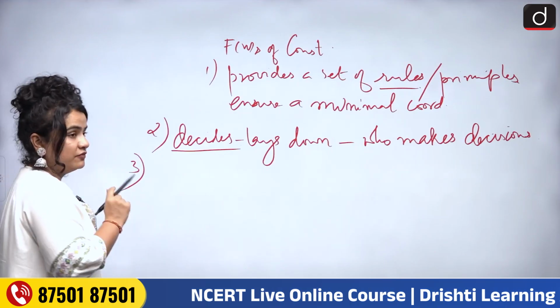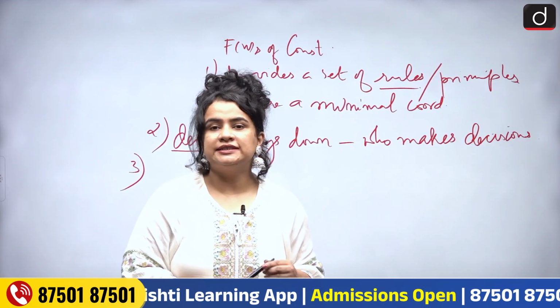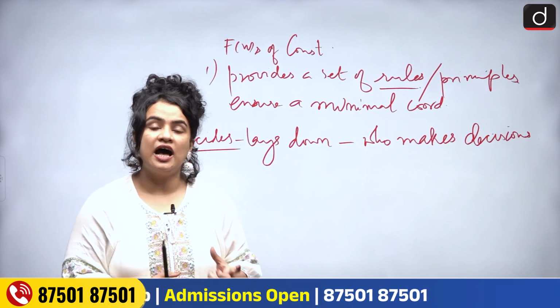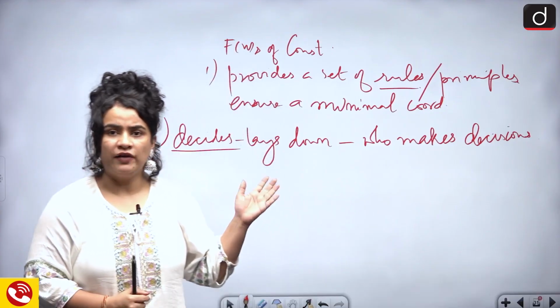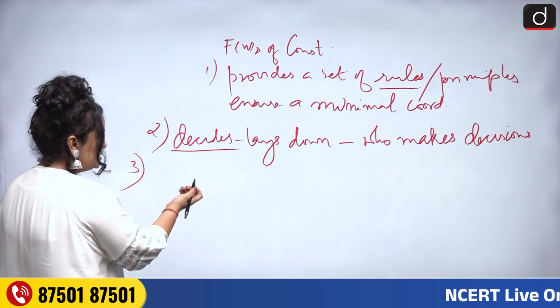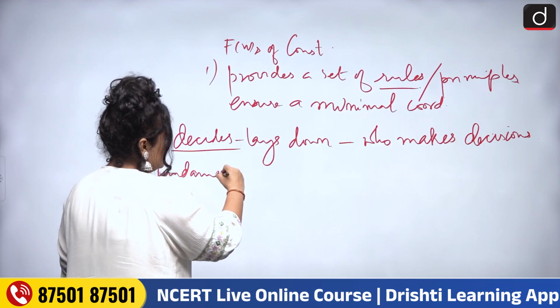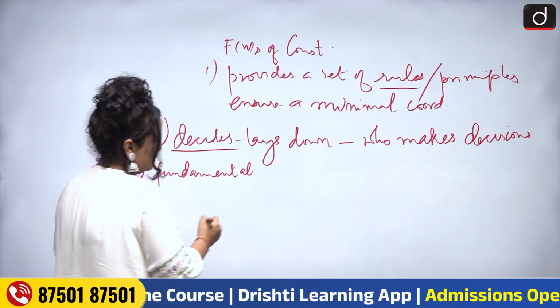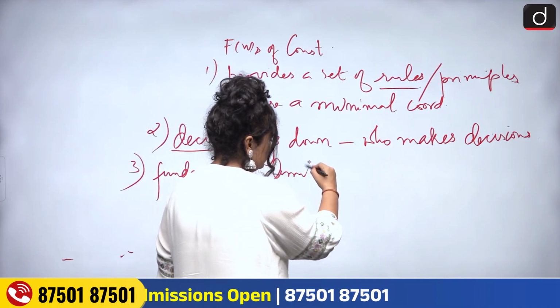Another important function of the constitution, and this has been a favorite topic for the UPSC in the preceding years, and UPSC has asked this question several times, at least 3 times in the past 5-7 years, as to Constitution basically provides certain limits to what the government can impose on its citizens.